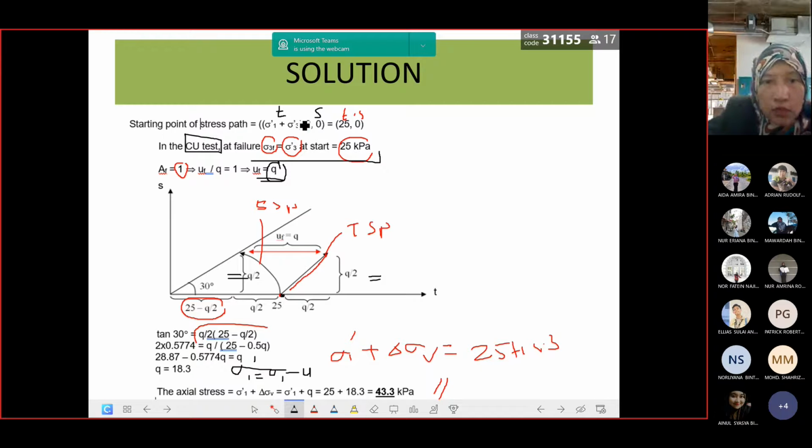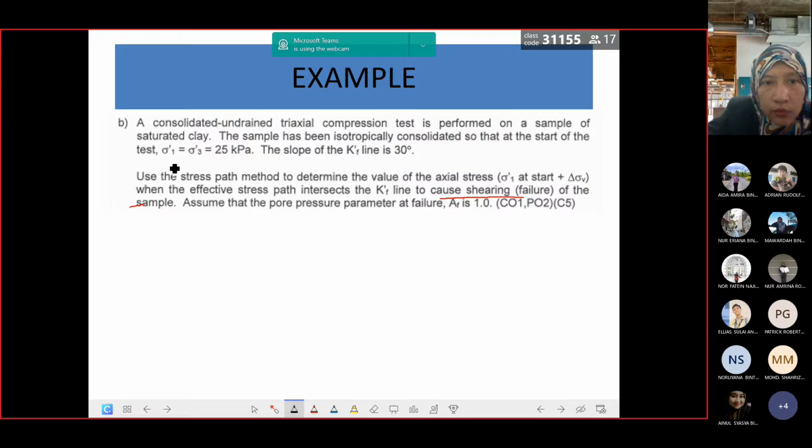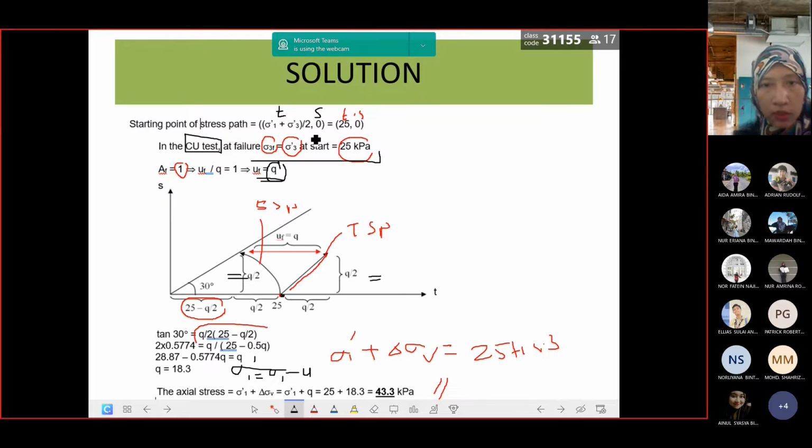Okay, dalam this part sigma 1 plus sigma 3, 25 ni, you have to see from here, 25 sigma 1 sama dengan sigma 3, 25. Kalau you susun balik dalam koordinat ni, sebenarnya 25 campur 25, 50 kan, 50 bagi 2, you akan dapat balik 25. So, what is the 25 from here is also from the initial informations given to you, the problem of the data in this question, sigma 1 adalah 25 kPa.